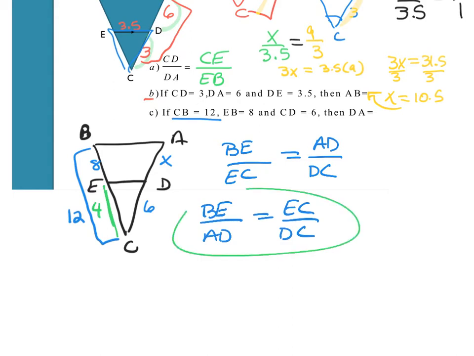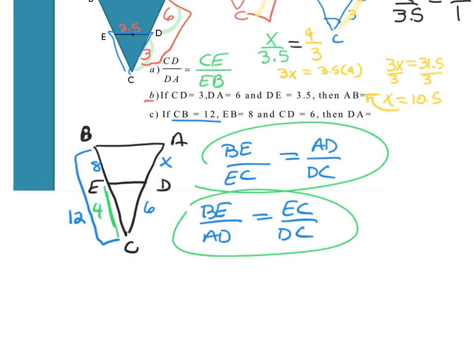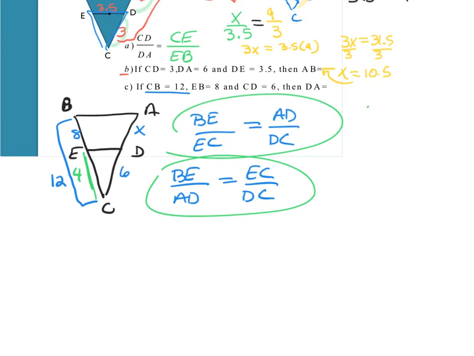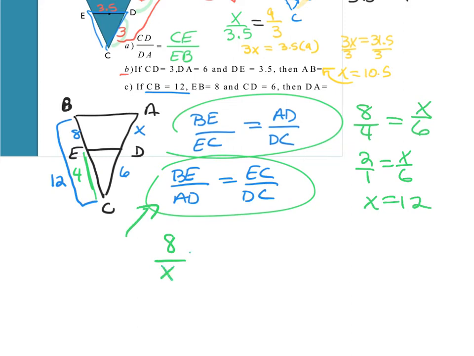Now I can choose one of these proportions and solve. So if I do the first one, it's 8 over 4 is equal to x over 6. I can simplify the 8 over 4 and make it 2 over 1, cross multiply, and get x equals 12. Now, I could also use this one. My BE is 8, my AD is x, my EC is 4, and my DC is 6.